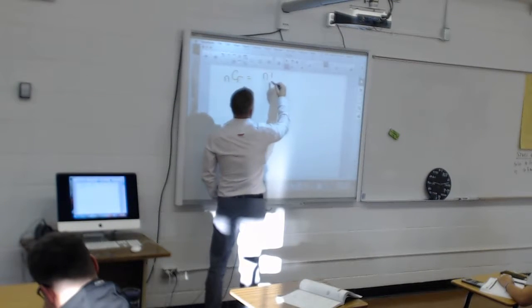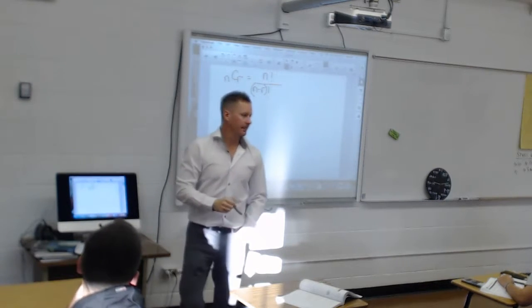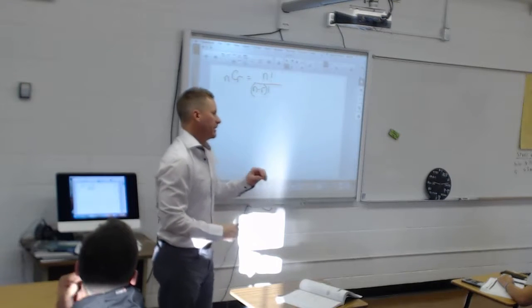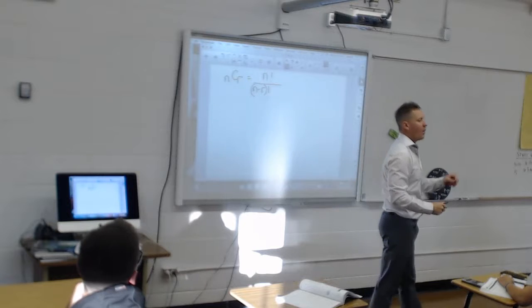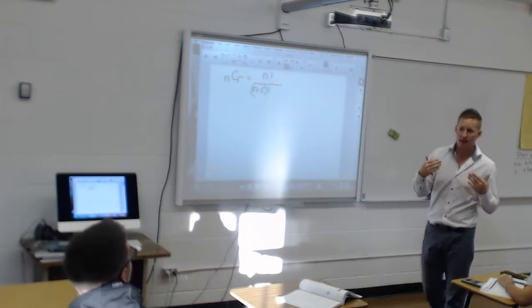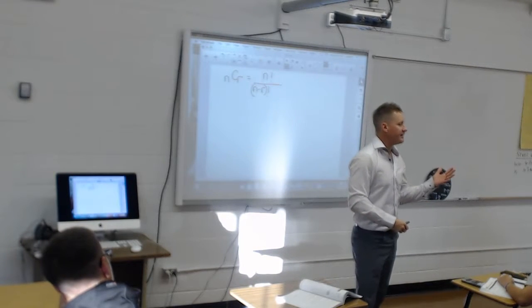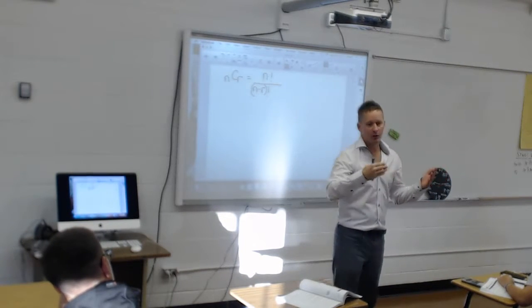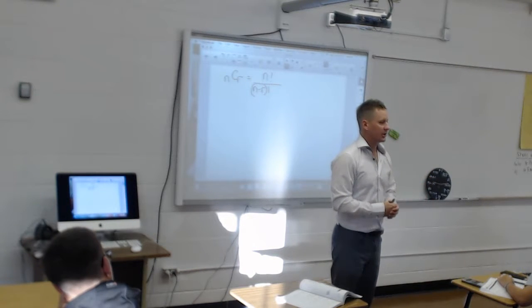NCR works very similar to permutations with one wrinkle. The difference between a combination and a permutation: in a permutation, order is important. We have stressed this. We did this last week. So if I'm selecting 5 people, and then I have to arrange them in order, that's a permutation.